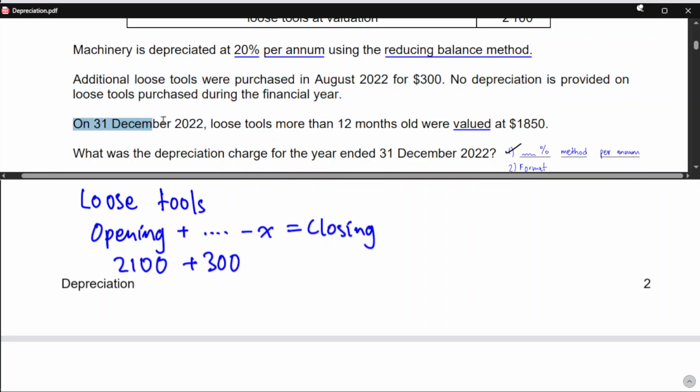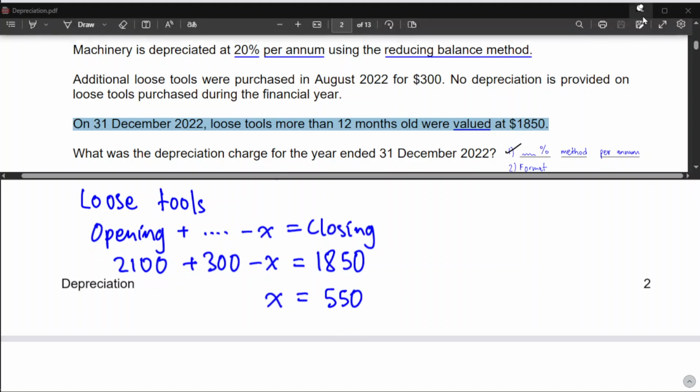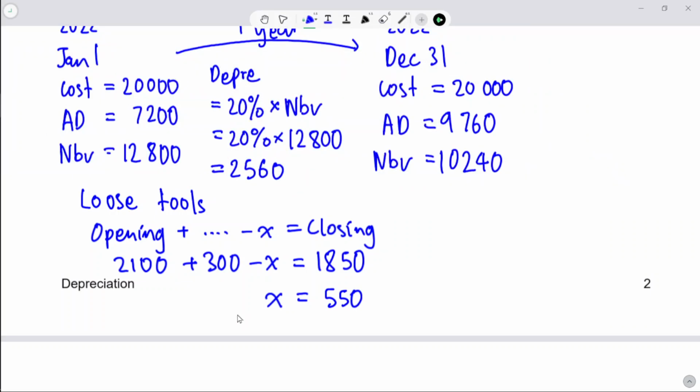Then the closing date. 31 is the closing one. Closing date is 1850. So you can find x equal to 550. Okay. So this x is actually the depreciation.